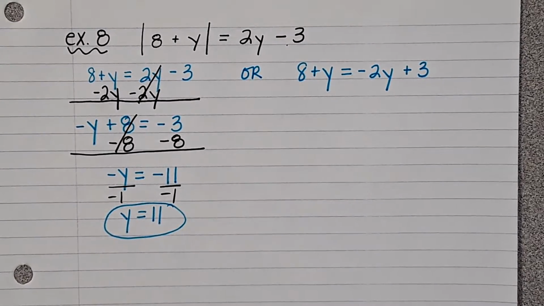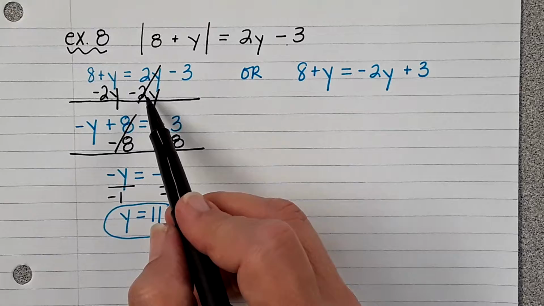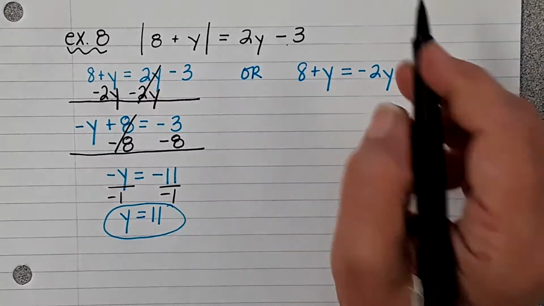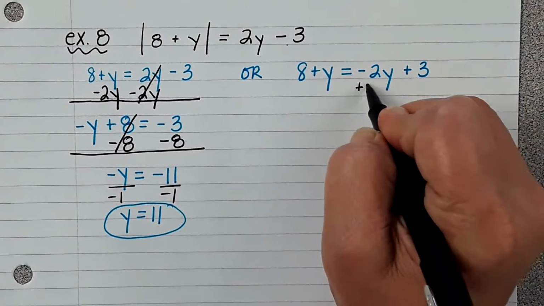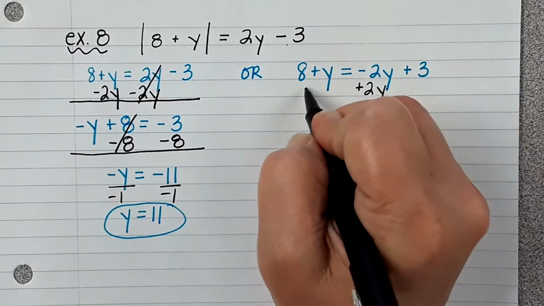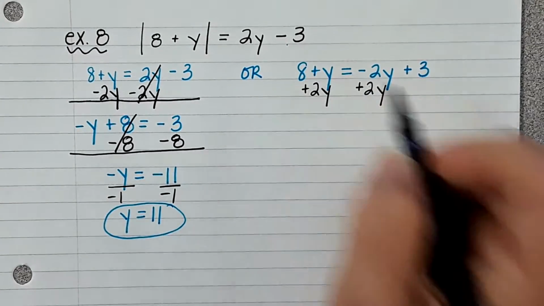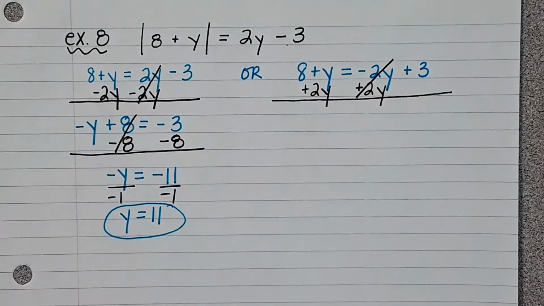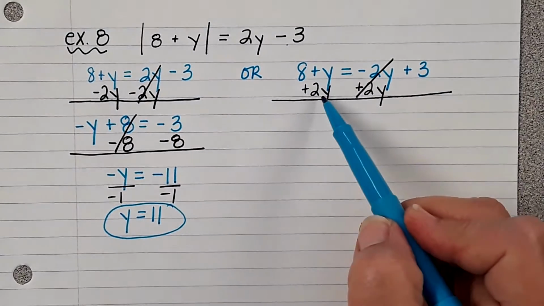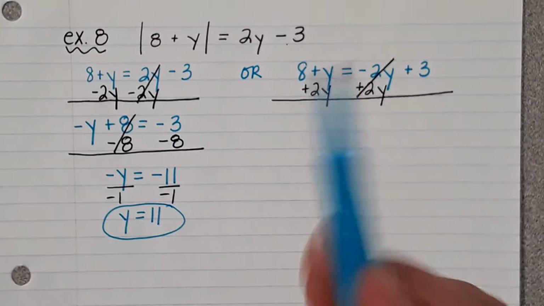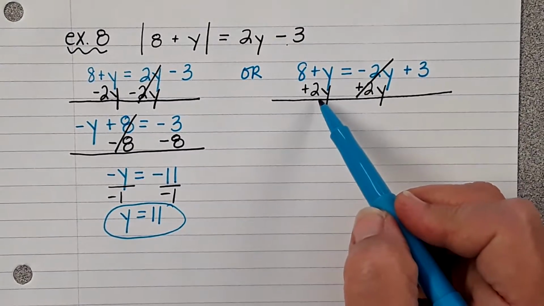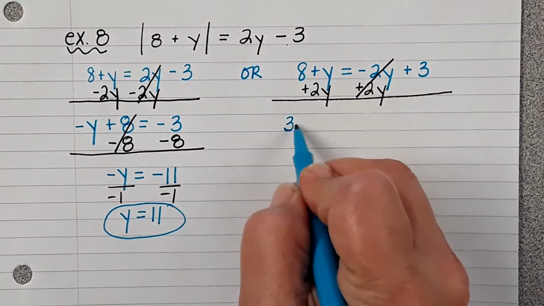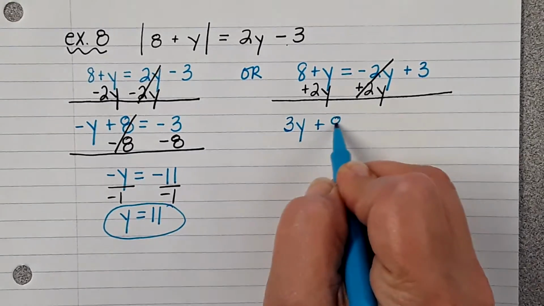Okay. Now, I'm going to move the 2y just like I did over here, except that it's negative now, so I'm going to do the opposite, which is add 2y. Now, what is y plus 2y? Plus 8.